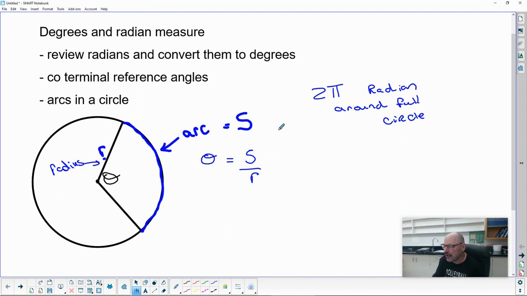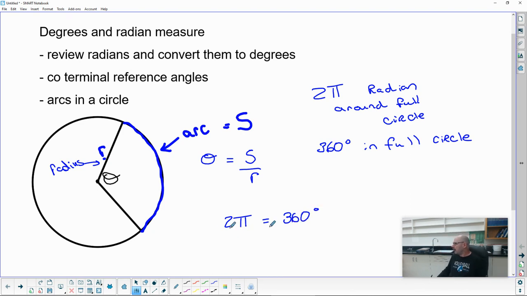That also tells us, we also know that there's 360 degrees in a circle. So our first relationship in terms of relating degrees and radians together, we know that 2 pi radians equals 360 degrees. Now in terms of radians, if we don't put a unit down, typically it's in radians.